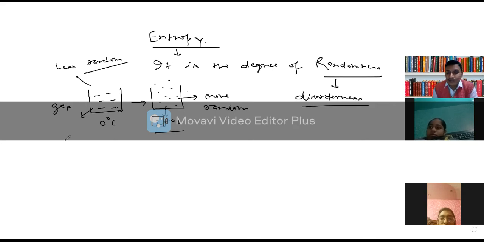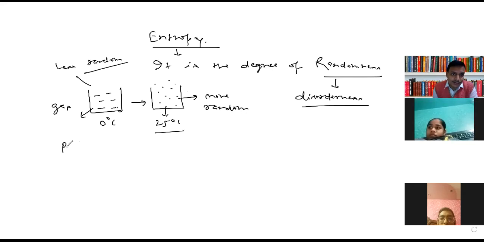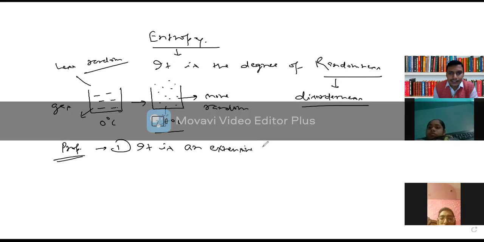Okay, now we have to understand the change in entropy, because of the properties of entropy. It is an extensive property. The second one is that it is a state function.